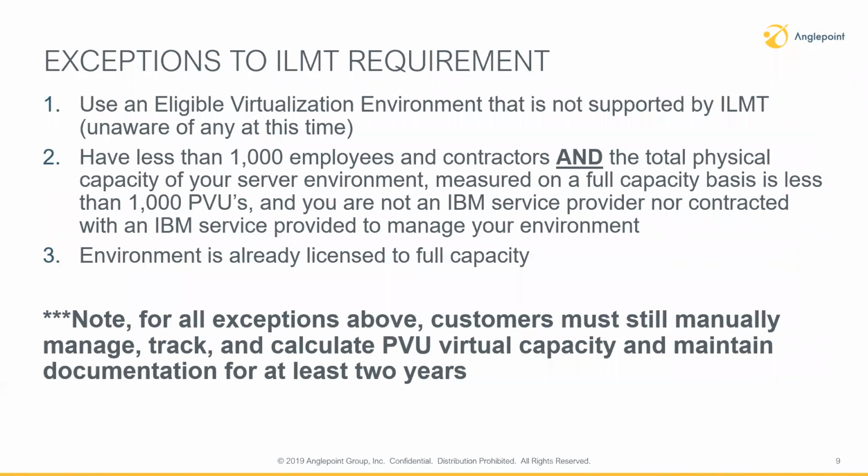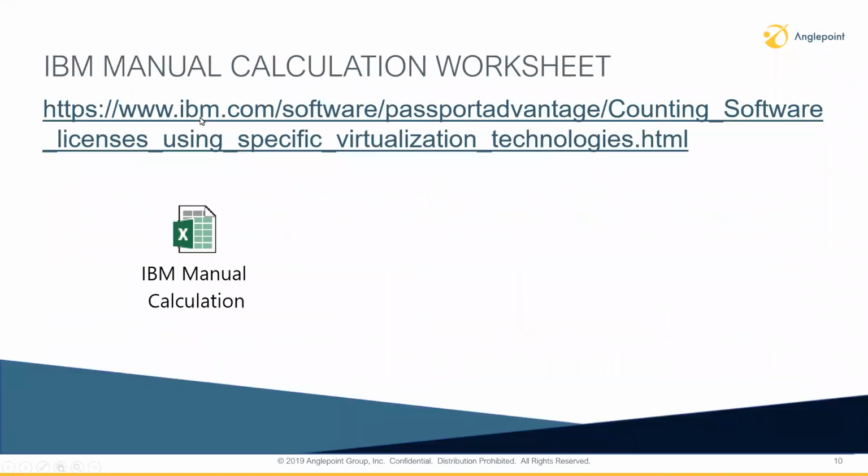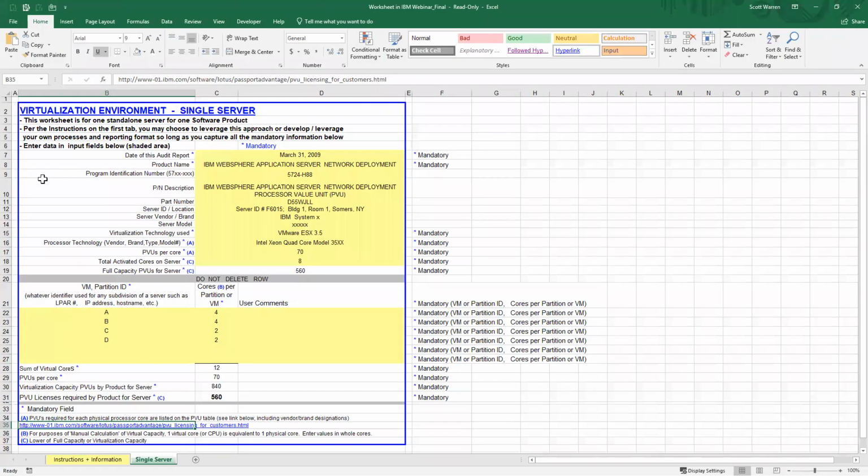And if I go to this next slide, you can see this is per IBM, their manual calculation worksheet. Now let me pull it up real quick, but I'll show you here. This is the template that you can download via IBM. It's just a worksheet, and you can see where they've outlined with an asterisk what is mandatory.